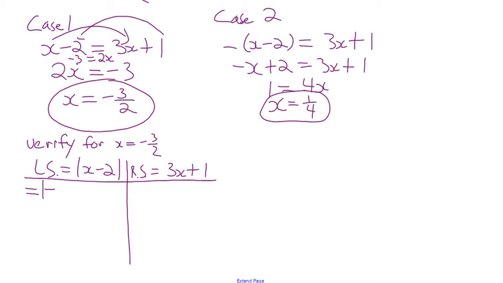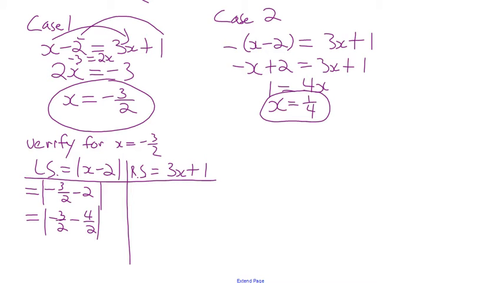So this is the absolute value of negative 3/2 minus 2. If I just write that down as negative 7/2, will anybody go, oh, wow, where did negative 7/2 come from? Sure. Common denominator, 2 is 4 over 2, right?